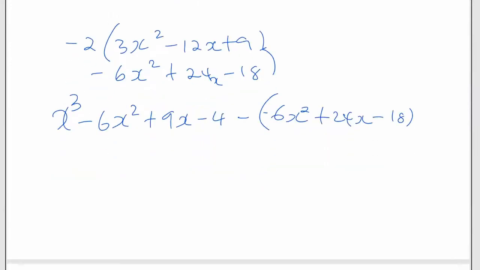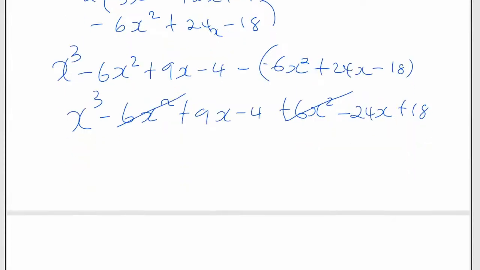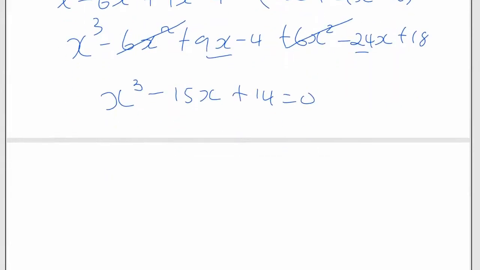Because that is going to be the distance. So x cubed minus 6x squared plus 9x minus 4 plus 6x squared minus 24x plus 18. So this 6x squared cancels that, meaning that I'm going to be left with x cubed. This and that is negative 15x.